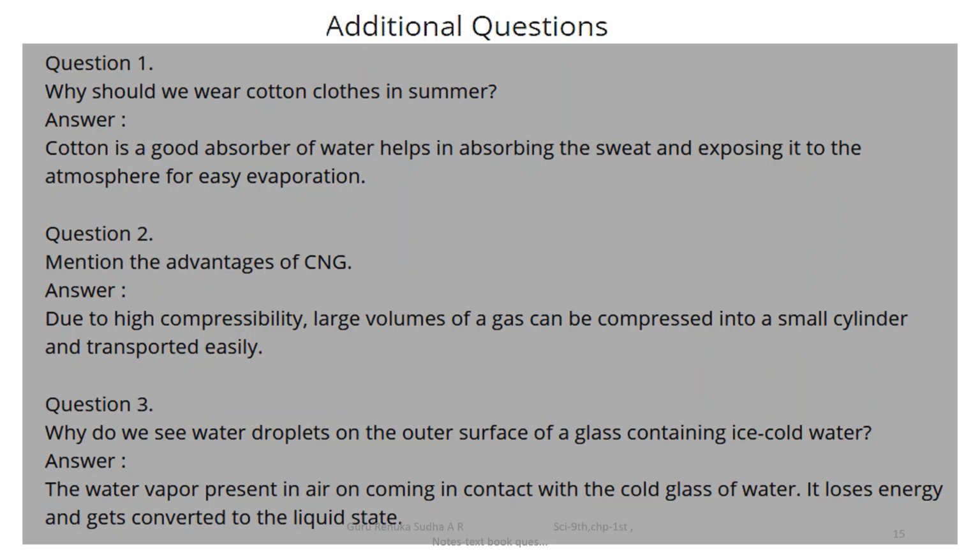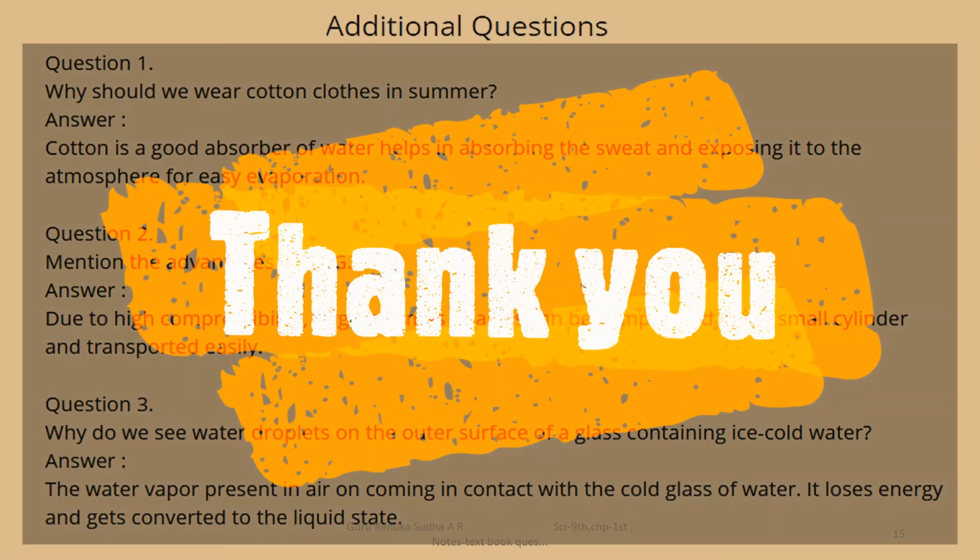This way you can easily answer if you understand each and every point about matter in our surroundings. These are all things that we see in our everyday life. I hope you have understood from this video in what way you have to answer the types of questions and application questions related to matter in our surroundings.